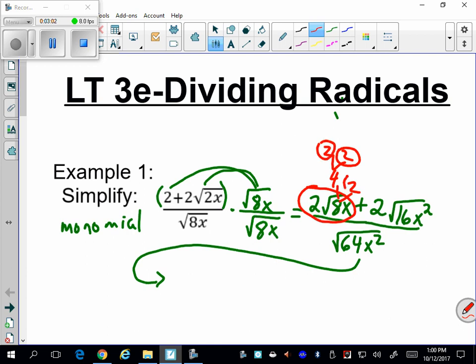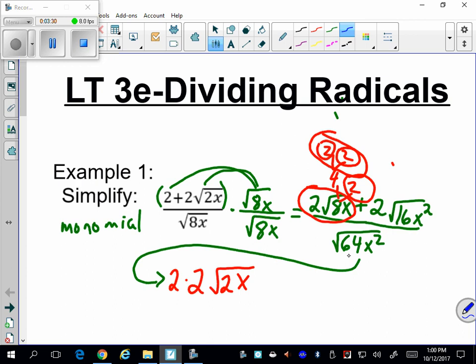We have a pair of 2's, so that'll come out. There's already a 2 on the outside, so it's 2 on the outside times another 2, and then square root, and we have a 2 left over. And we only have an x, so there's only one x, you can't make a pair out of that.